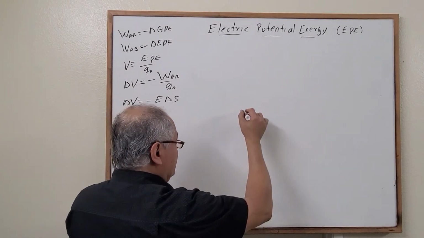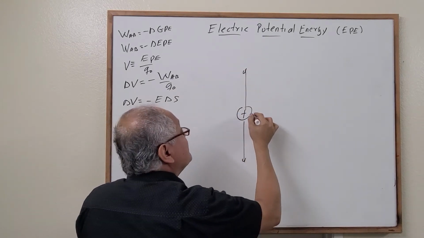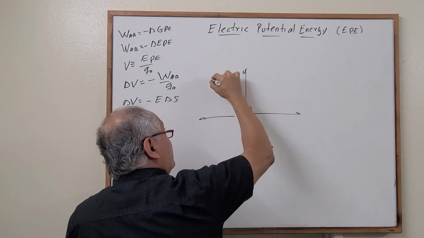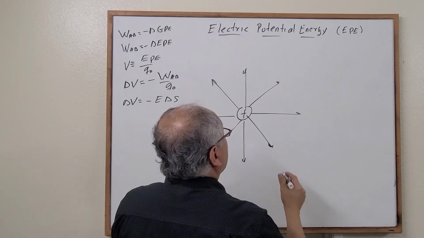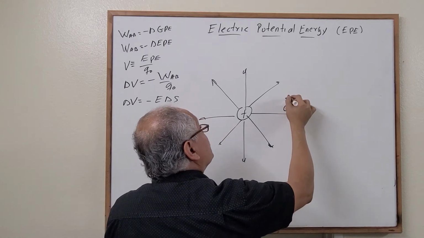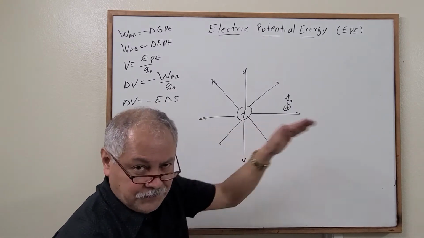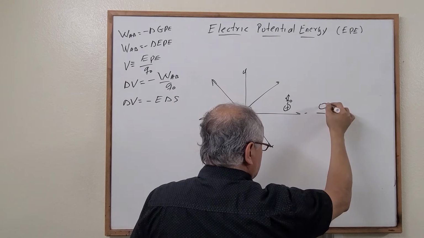Imagine that we have this positive charge right here, and we know that this is the electric field, going away from the charge. Now we have a test charge at this position, and then we release it, and it goes to, let's say, this position right here.